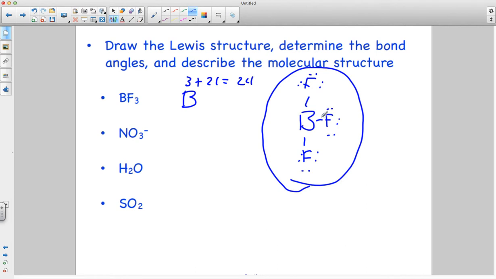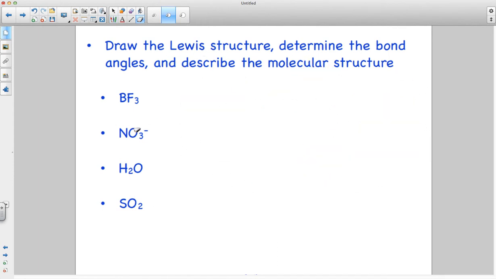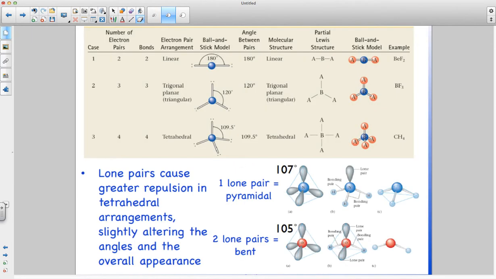Okay, so this one, since it has 3 true bonding sites, if you recall, this was called the trigonal planar with bond angles of 120 degrees. Okay, so you're going to keep doing the same thing. Once again, make sure you count up your electrons, place them correctly, determine how many true bonds you have, how many lone pairs.